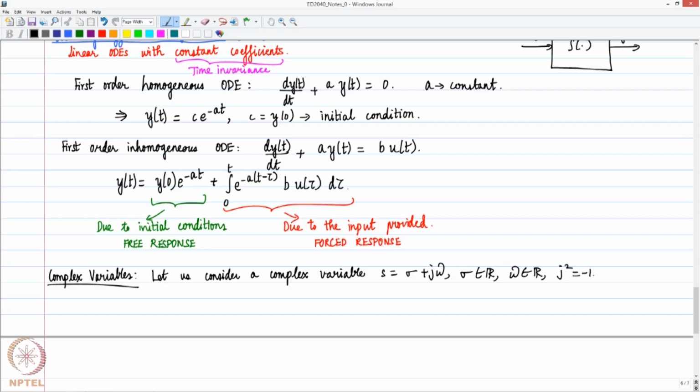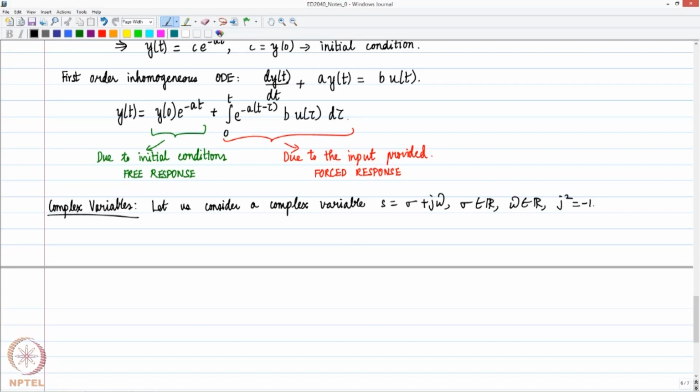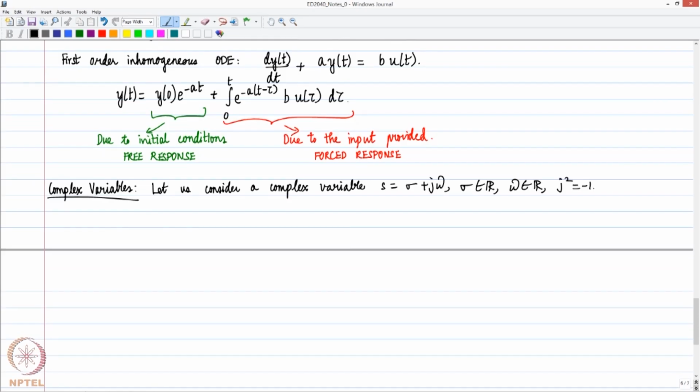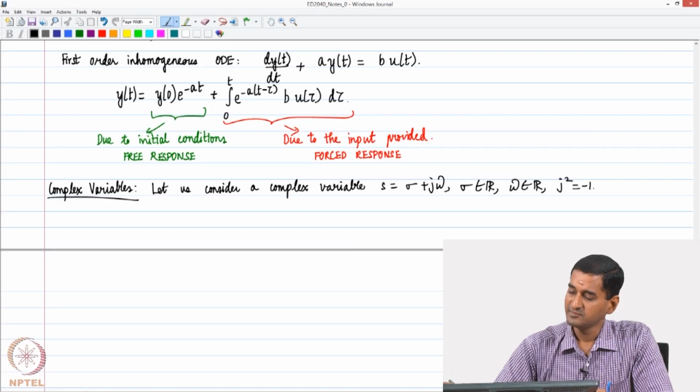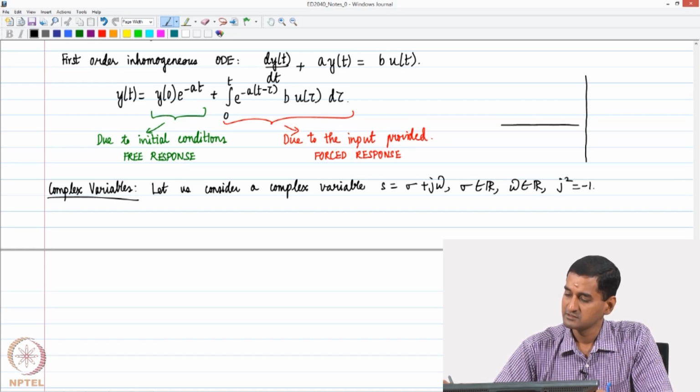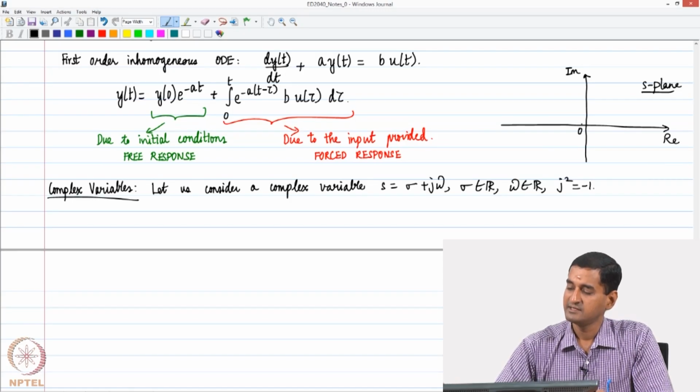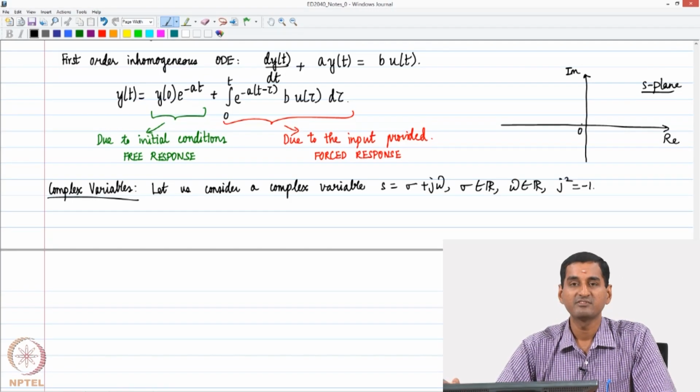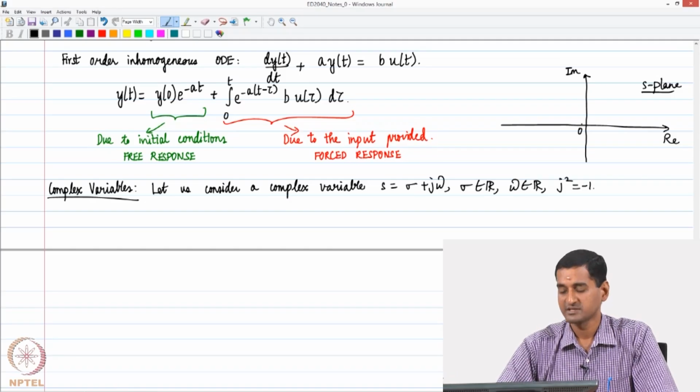I am just using j instead of i. That is how we will represent complex variables. And typically we will draw what is called an s plane, which can be used to graphically represent a complex number. That will have two axes, the real axis and the imaginary axis, and we use this to graphically represent any complex number.